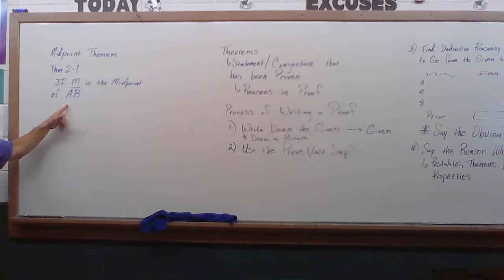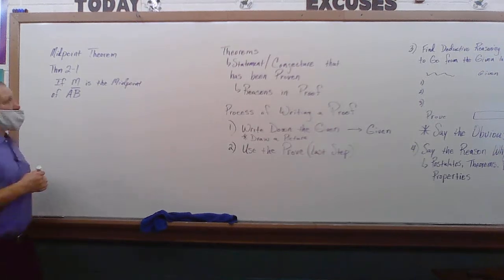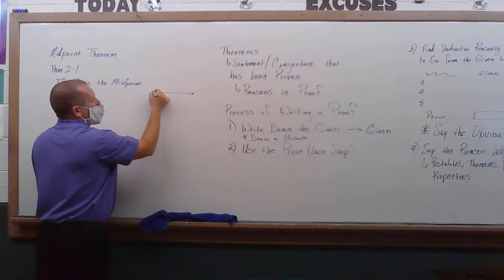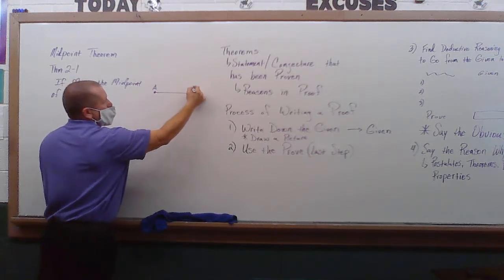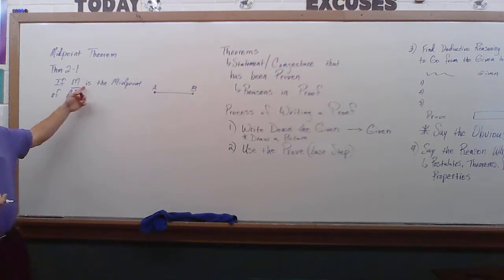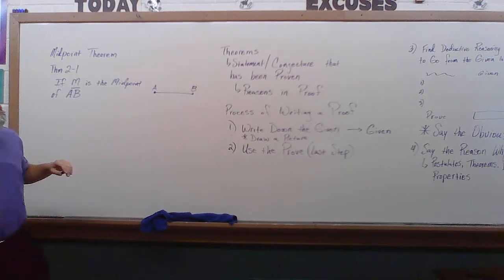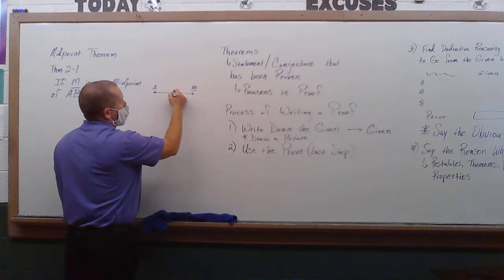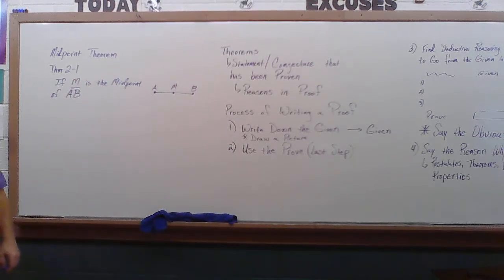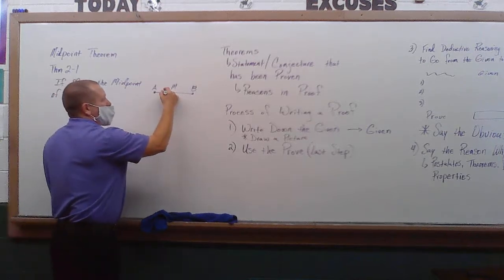So could you draw this picture right here? What would you draw? Everybody agree? And where does M go? Right dab in the middle, right? How can I show everybody that that's right dab in the middle? With those little slashes on them, right?